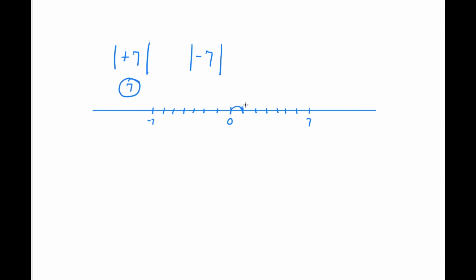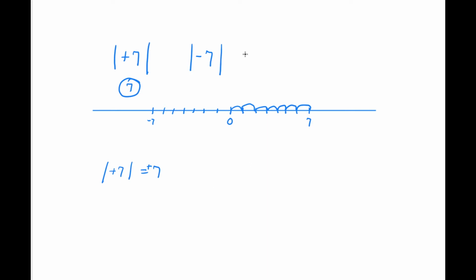So you would have 7 hops or 7 spaces, units, whatever the measurement is, from 0 to the right for positive 7. So the absolute value of positive 7 equals 7, which is positive 7, okay?